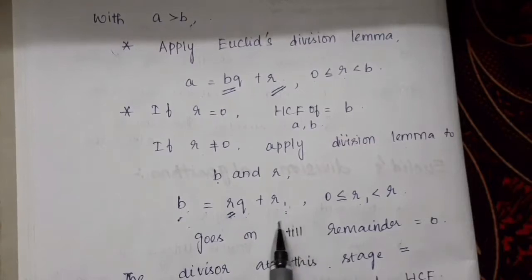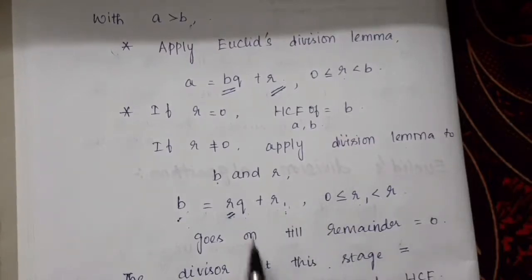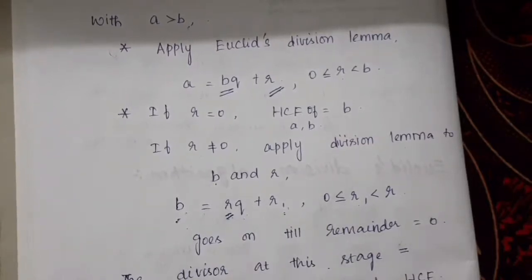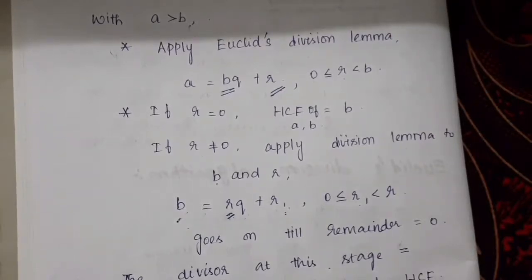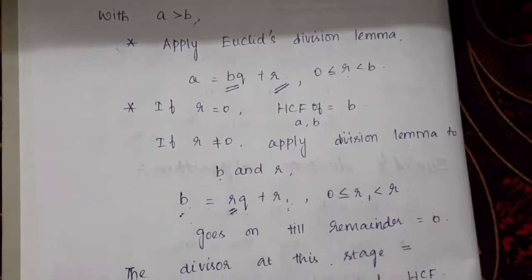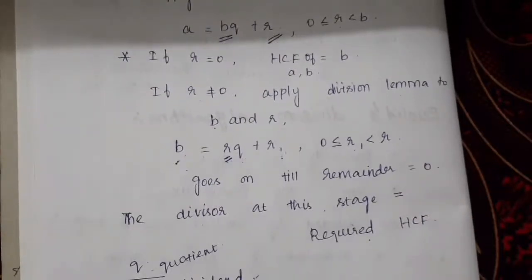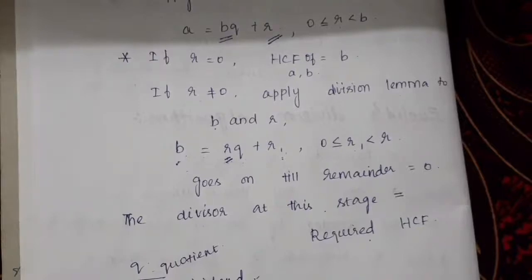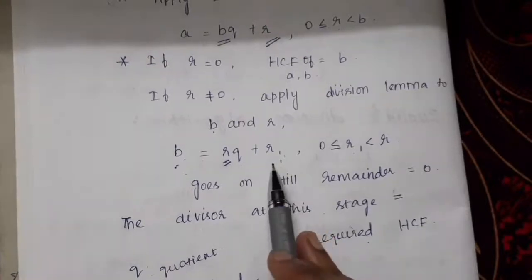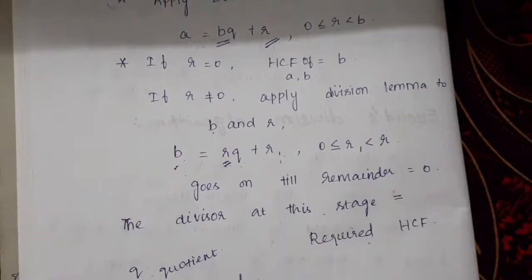If in this step r1 is equal to 0, then the division process terminates here, and the corresponding divisor at this stage will be the HCF of the given two positive integers. Or else, if we are not getting r1 equal to 0, then you apply the division lemma again.